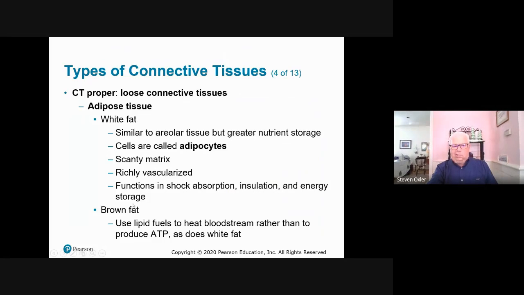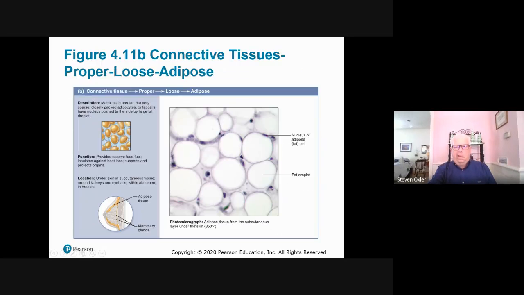Okay? You also have brown fat. Brown fat basically produces ATP, heat. That's what you get from brown fat. You get heat. All right? Typical adipose tissue, white fat.